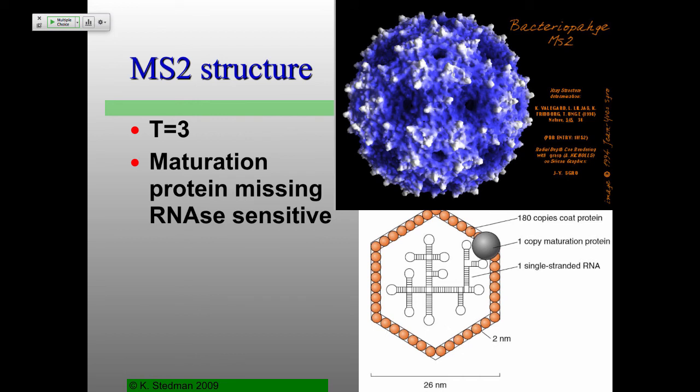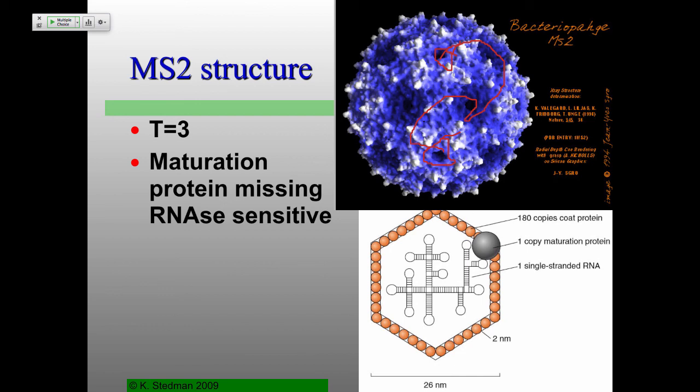If I were to give you, or someone were to give you, a question like this in an exam, how would you know that this was T equals 3? You would start up here at a 5-fold axis of symmetry. You'd find another 5-fold axis of symmetry down here, and you try to get from one to the next by hopping in one direction, h of 1, changing directions, k of 1.